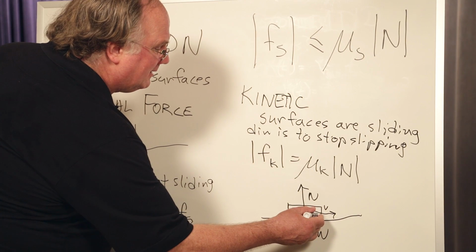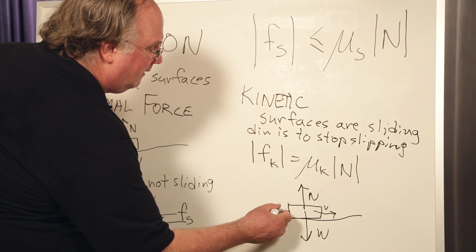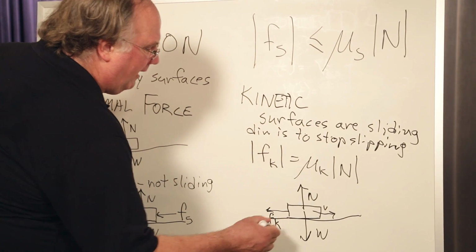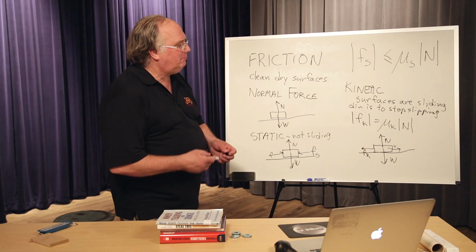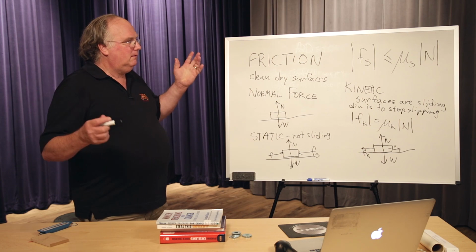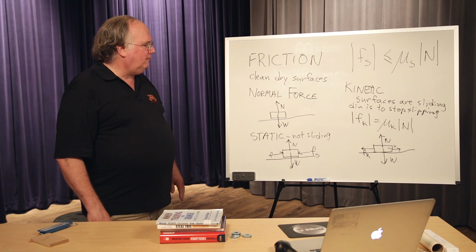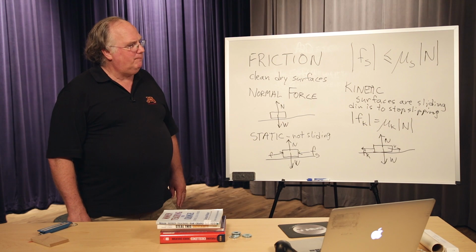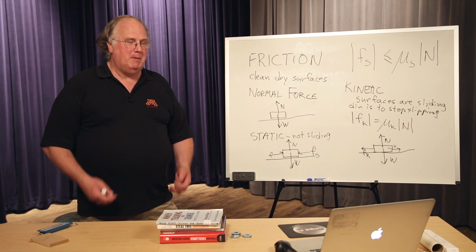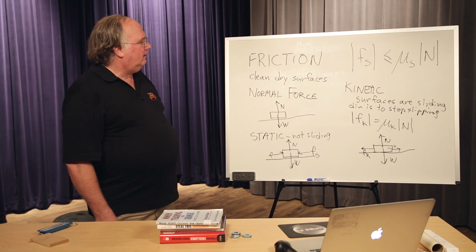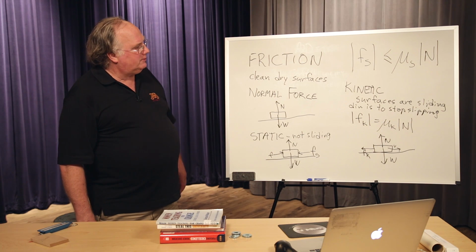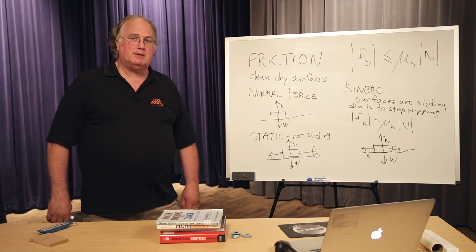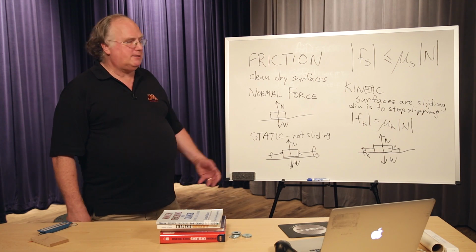And if the velocity is that way, then the kinetic friction is going to slow down and stop that slipping. Okay, so that's our model of friction. What we're going to do with the rest of this lab is set up and measure these different parameters and explore this, try playing with different surfaces and different weights.